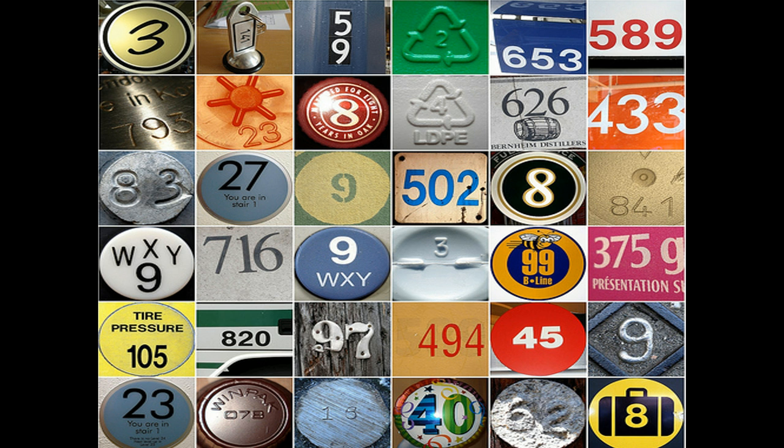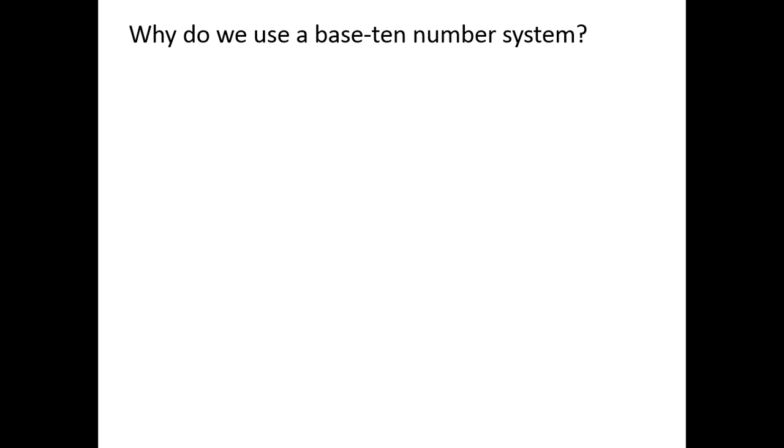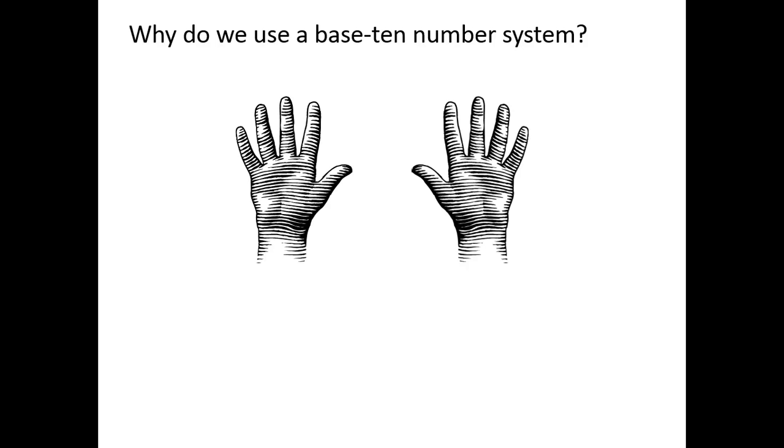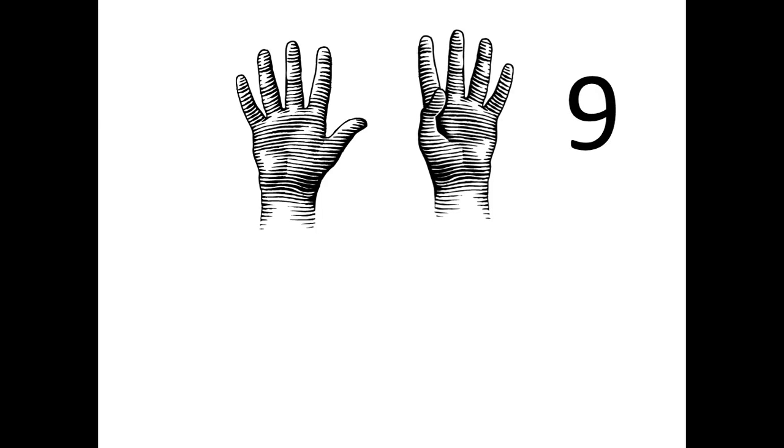So let's go back to thinking about numbers that aren't ancient numbers, and think about our base 10 number system and why we use it. Well, it's most likely because we happen to have two hands that each have 5 fingers on them. So when we count with our fingers, we count 1, 2, 3, 4, 5, 6, 7, 8, 9.